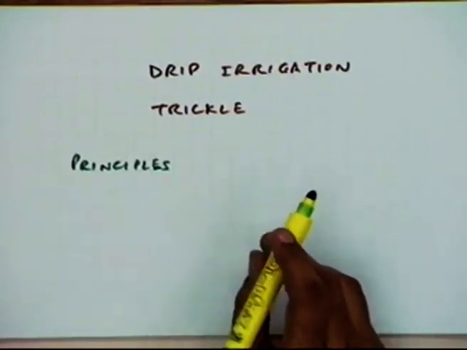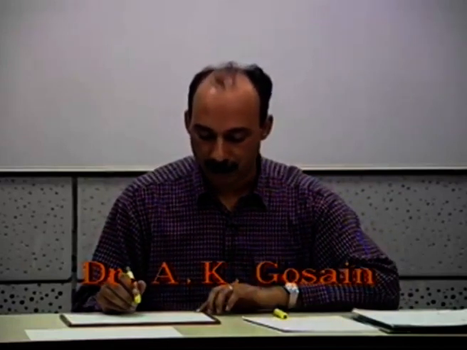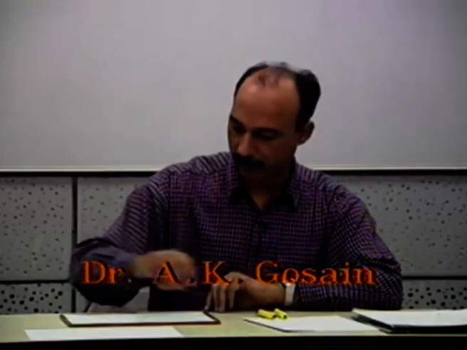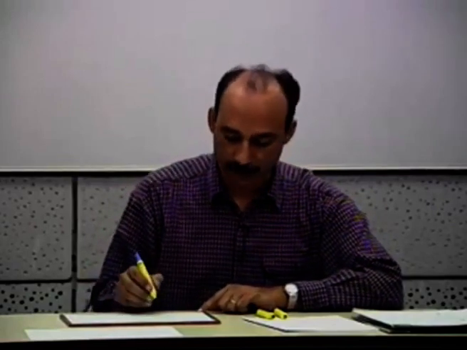Let me take a few minutes to go through at least some of the major principles of this particular irrigation system, which is becoming quite popular for some specific types of crops. The basic principles are significantly different from the conventional irrigation systems, or even including the sprinkler irrigation system.